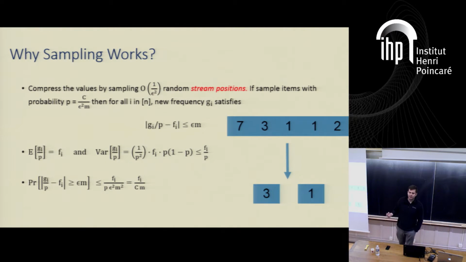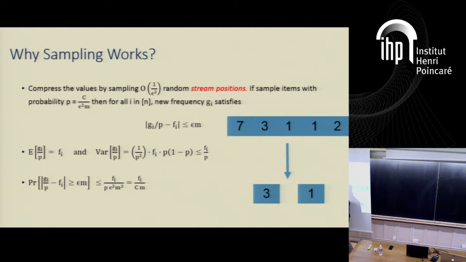That's what Chebyshev's inequality gives you. p was a constant c over epsilon squared m, because we want to sample 1 over epsilon squared positions. We multiply this by m, and we get order 1 over epsilon squared. So if I plug in the value of p here, the epsilon squareds cancel.